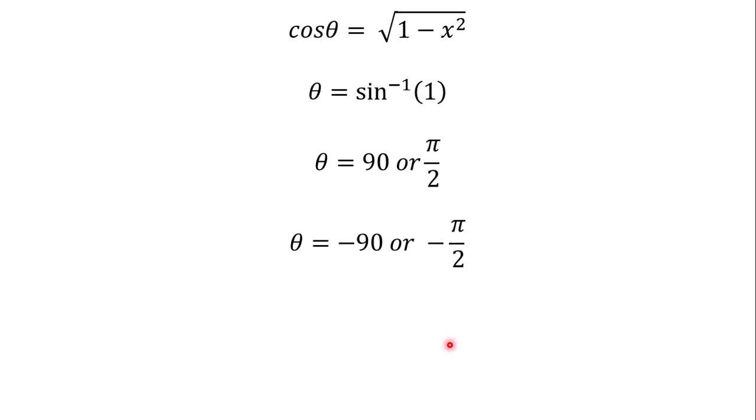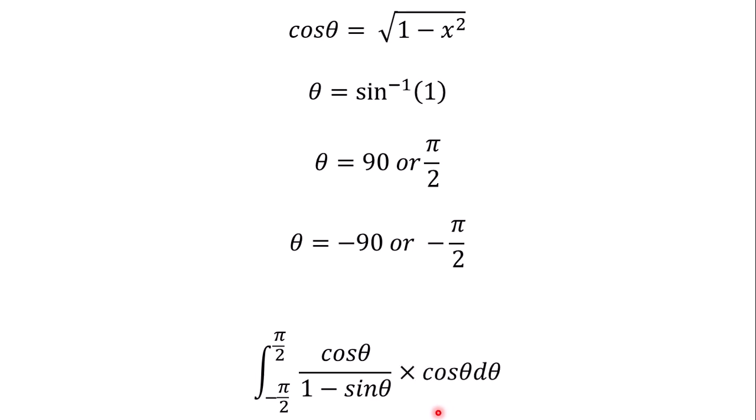Now that we have completely entered the theta world, let's write our integral. This one is representing dx, and this one is representing the square root of 1 minus x squared.